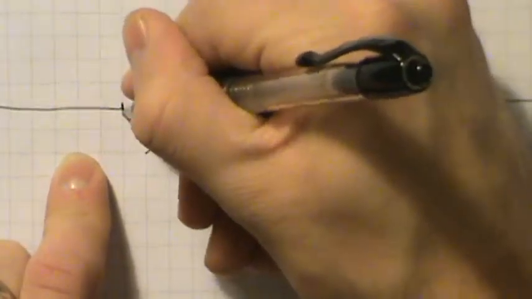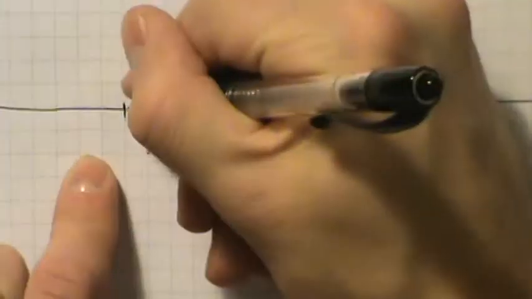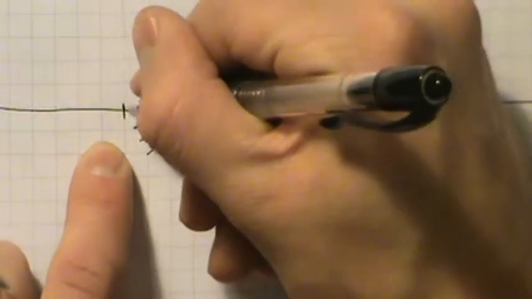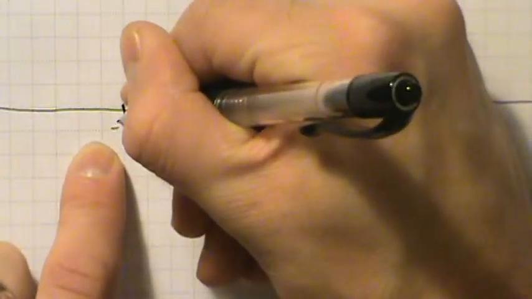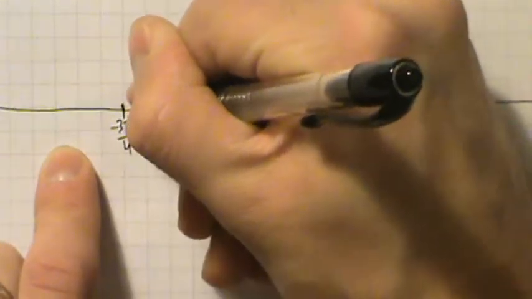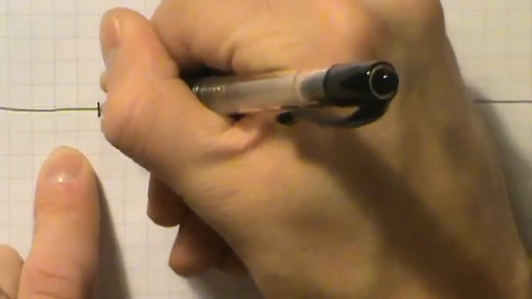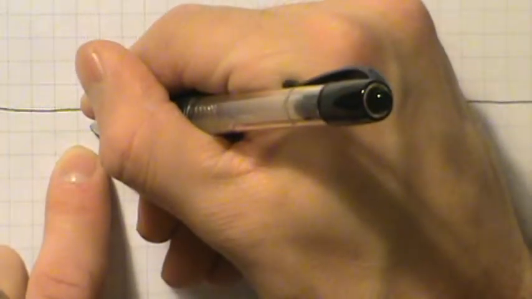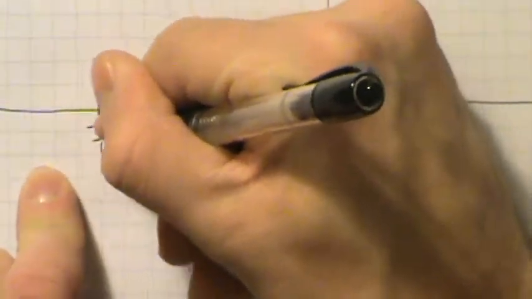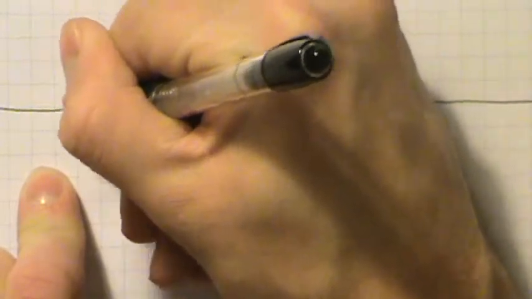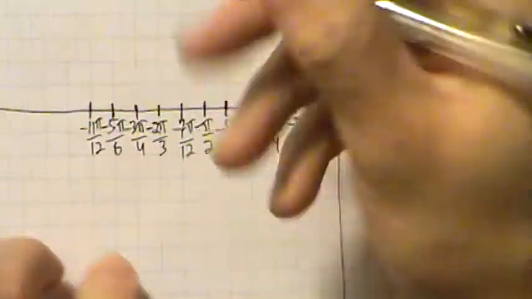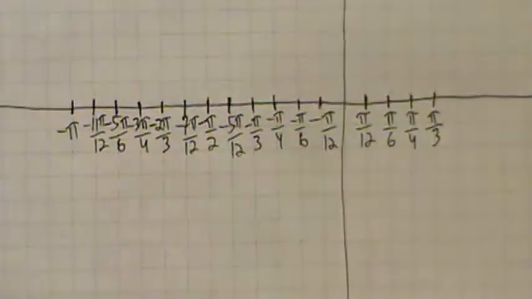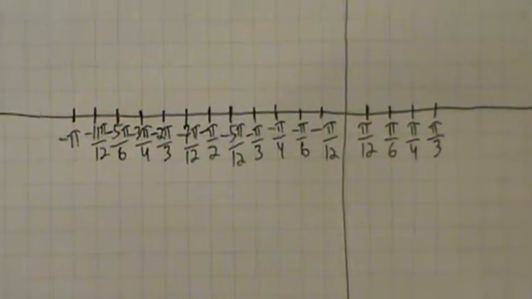That's reasonable. Then negative 9 pi over 12, pull out a common factor of 3, that's negative 3 pi over 4. Negative 10 pi over 12, pull out a common factor of 2, that's negative 5 pi over 6. Negative 11 pi over 12 cannot be simplified. And then negative 12 pi over 12 is negative pi. Okay, all right, so that's enough to label there.